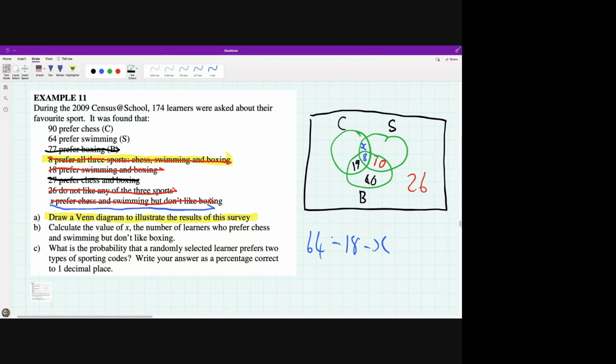So I'm going to go 64 minus 18, and what do I get? I get 46. So this is going to be 46 minus x. And then for chess, I'm going to have 90, and then I'm going to have to take away 19 minus 8. And I get 63 minus x.